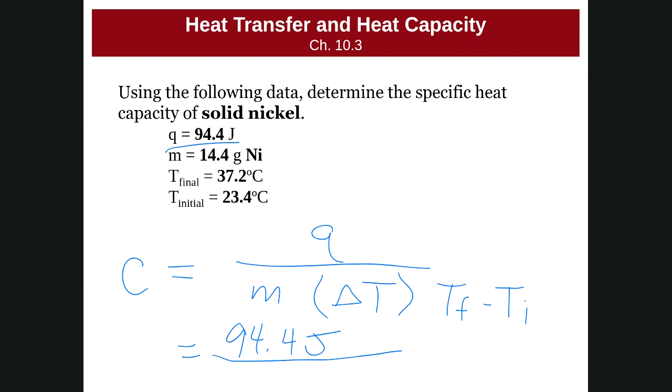Our mass is 14.4 grams of nickel. And our delta T is going to be 37.2 degrees minus 23.4 degrees Celsius.